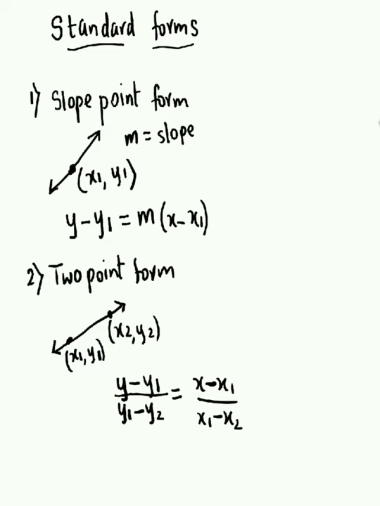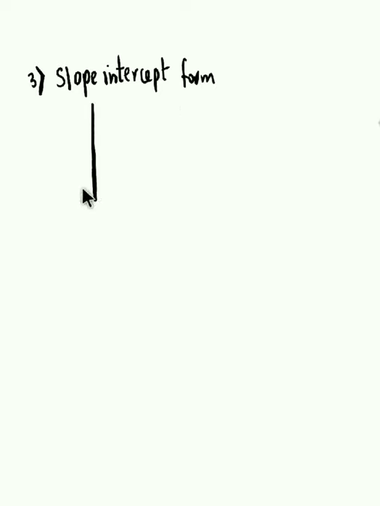Now we move to the third one. Now the third form is called the slope intercept form. So suppose we have the x and y axis. So this is the x axis and this is the y axis. Here you have the origin, and suppose this is the line out here.